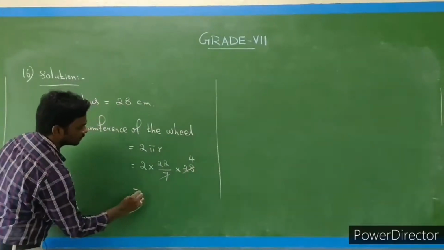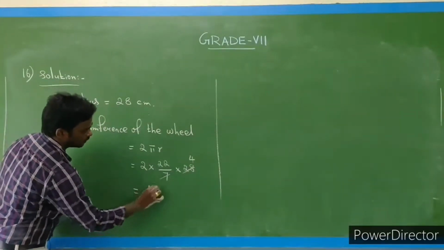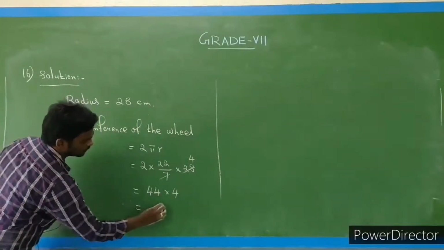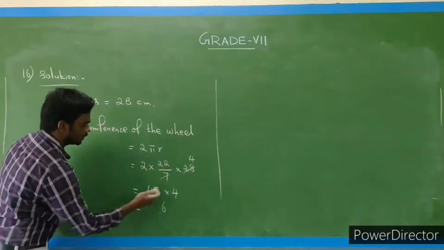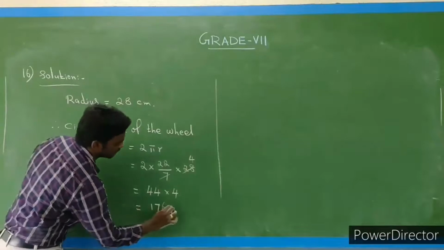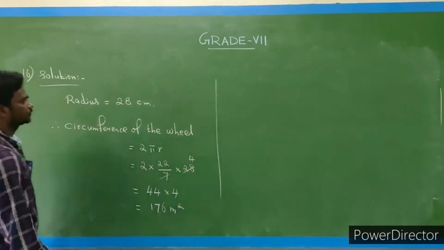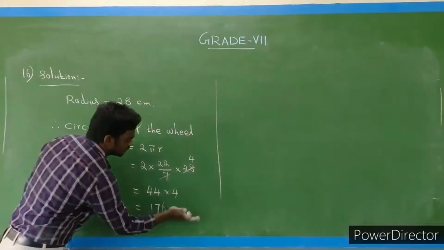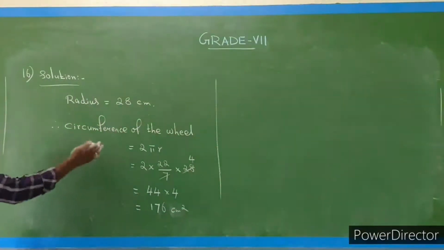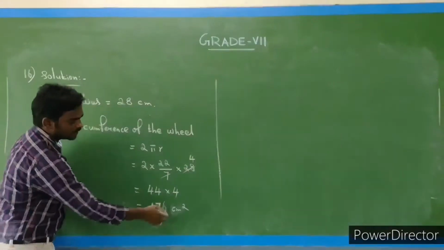So the value is 44 multiplied by 4. 4 4s are 16, remaining 1. Again 4 4s are 16 plus 1, that is 17. So 176 centimeter. So the circumference of the wheel is equal to 176 centimeter.